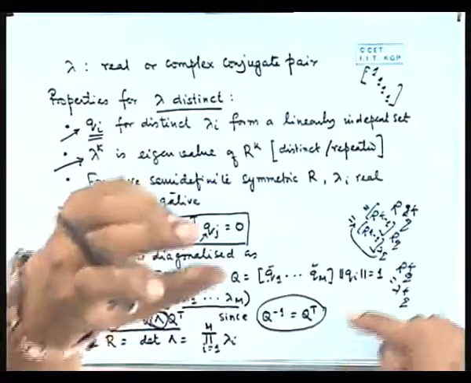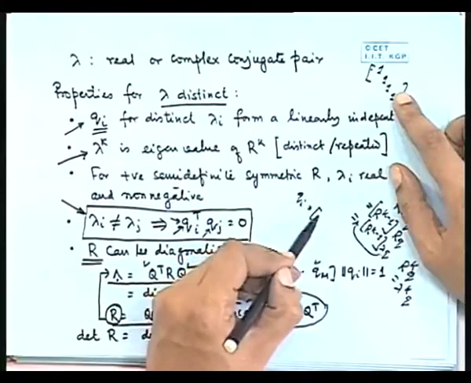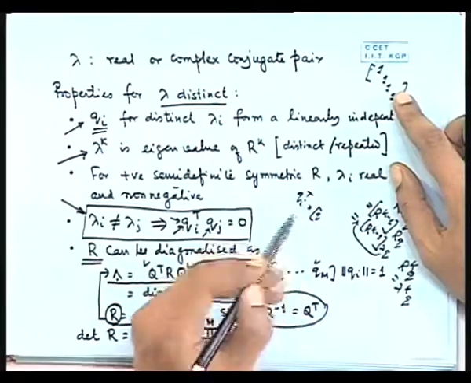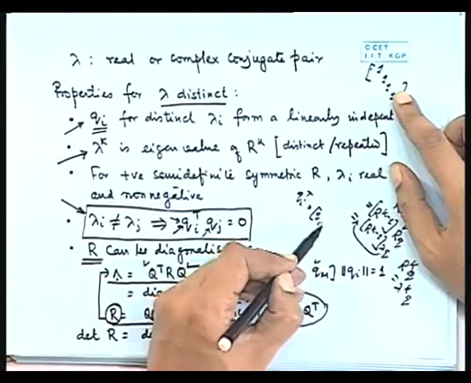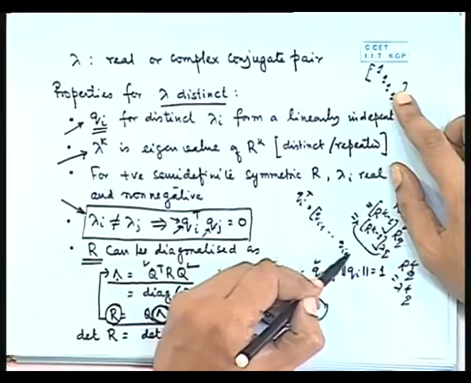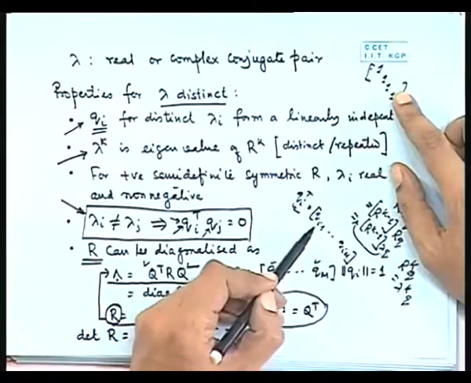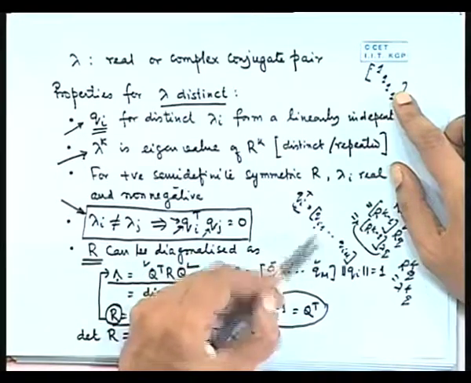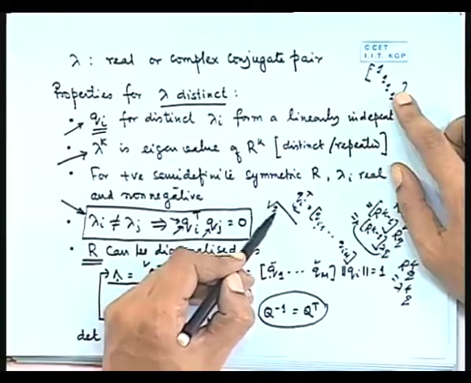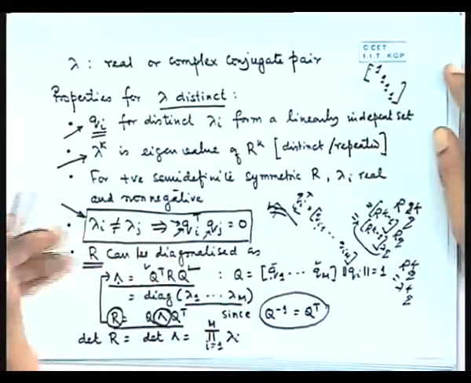And if you choose the length of qi as 1, that is, the norm of qi, where qi is a vector with m components, qi transpose, a column vector, with elements qi1 up to qim, these are numbers.